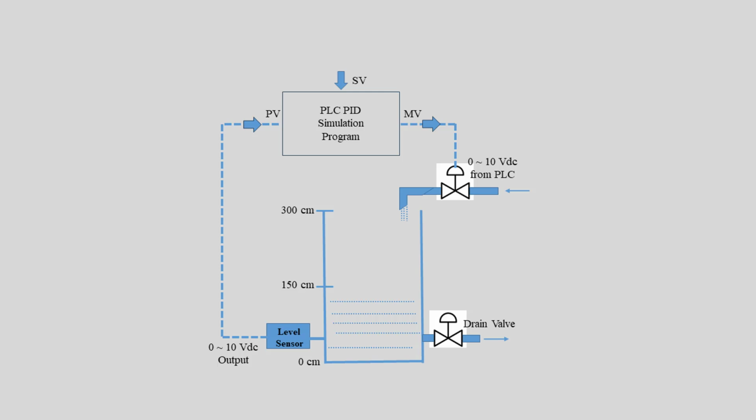The PID simulation program receives the existing tank level as process value and the required tank level as set value, and depending on the set value and the process value, the PID program makes the manipulated value for operating the control valve.